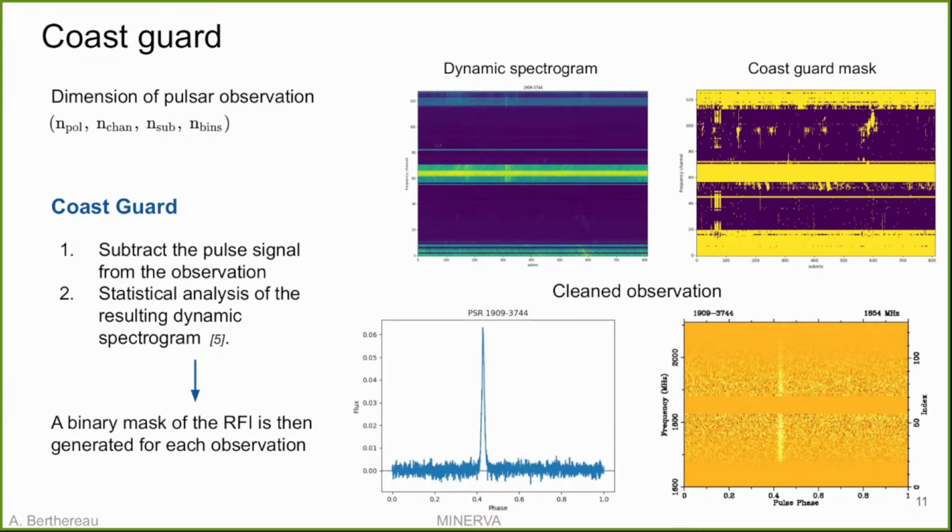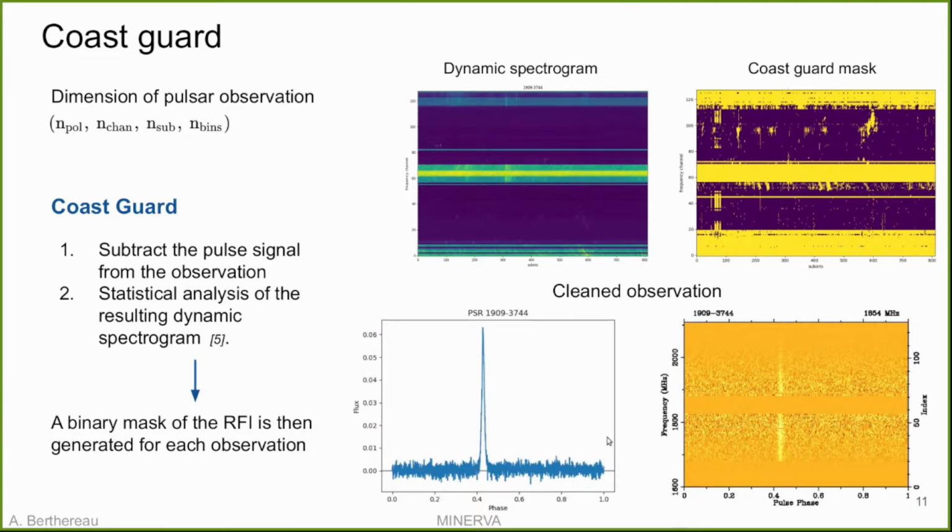So when you apply the Coast Guard mask to this observation that you have here on the top right, you can have the clean observation here. So now you can see the pulsar. You can see the pulse at 0.4 in phase, and you can see the vertical line that I was talking about in the same phase.